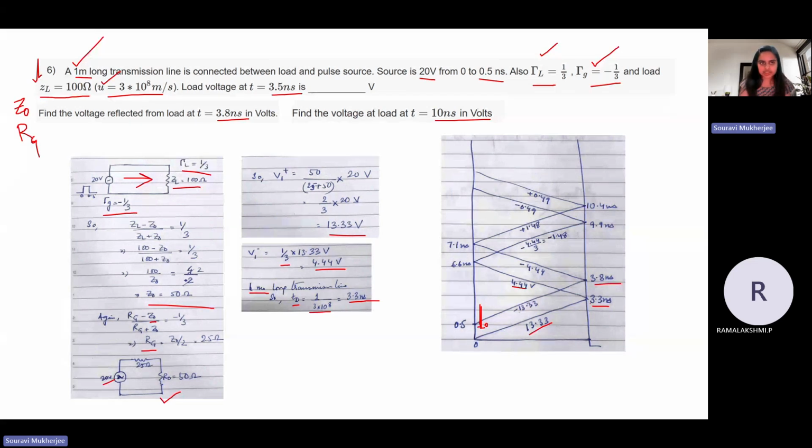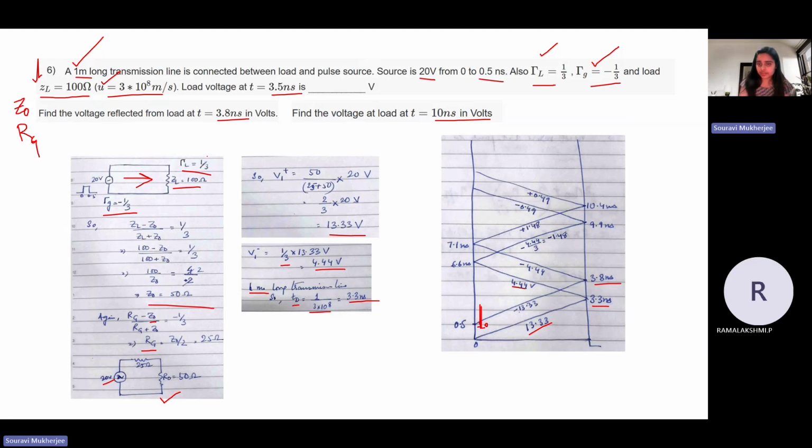What is the voltage reflected from the load at t equal to 3.8 nanoseconds? So it's already there in your answer, right? Minus 13.33.